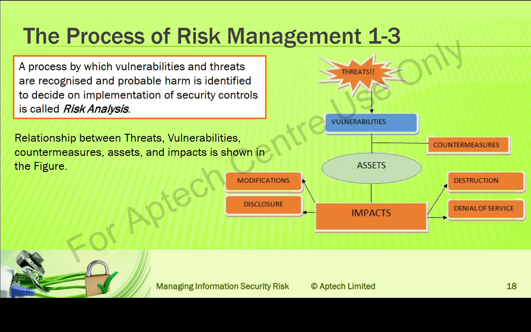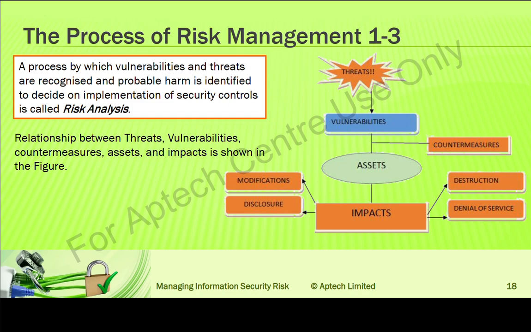We know that vulnerabilities and threats are recognized and identified. Vulnerability is a flaw. Threat is the damage that it will cause. It's yet to happen. It's a threat to you, not that it has happened.